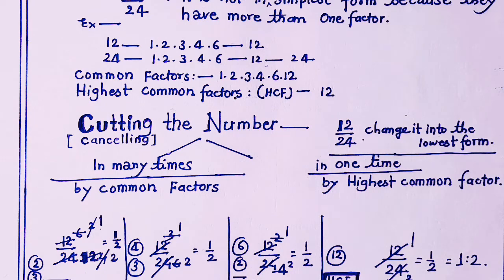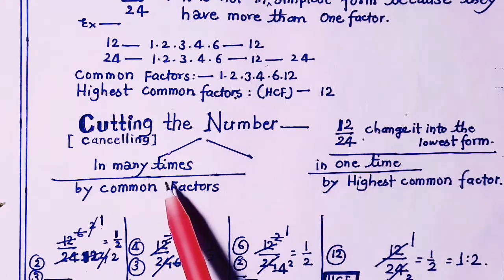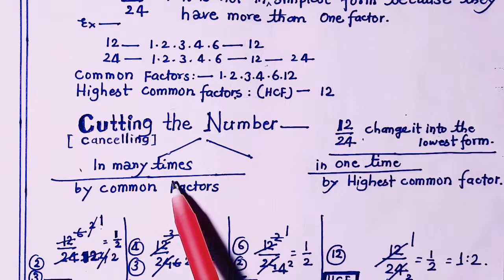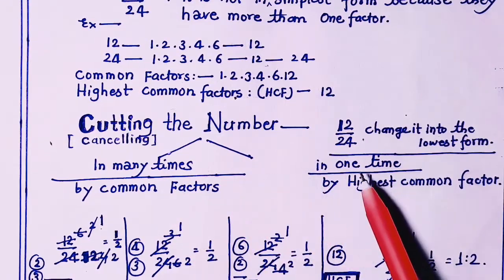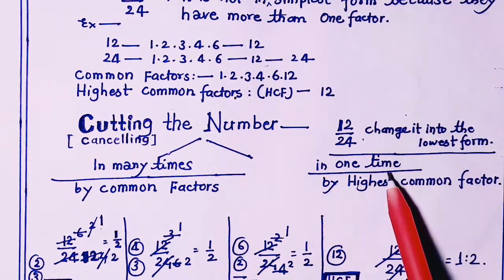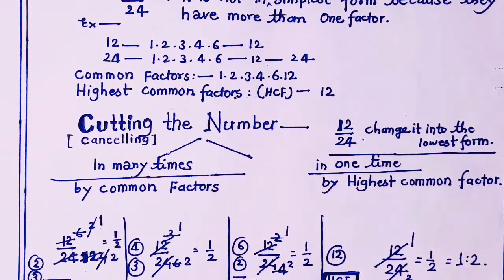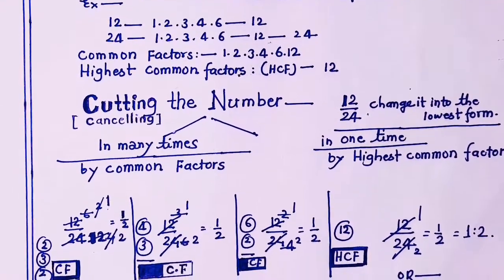For this, the number can be cancelled in many ways, in many steps, but it can also be cancelled in one step. How would it be possible? So the example is given below.